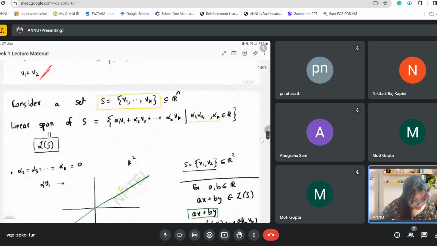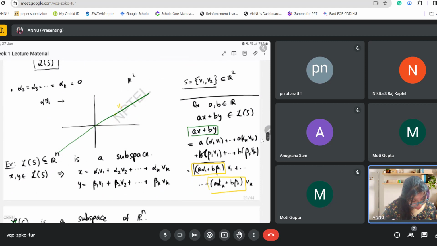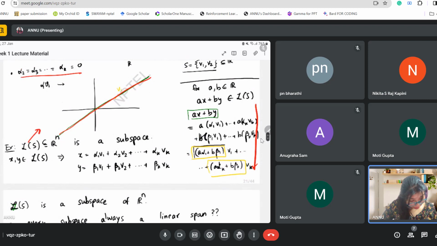So consider the set S equal to v1, v2 to vn, where each vk belongs to R power n. Then this is the linear span, as I told. And if all the alphas, alpha 1, alpha 2, alpha 3, are 0, then it will be a line. This is one proof that the linear span is always a subspace.